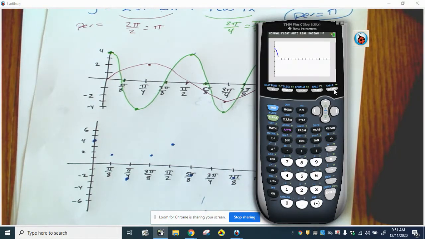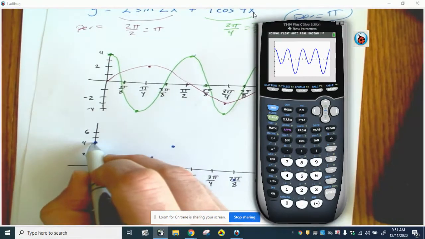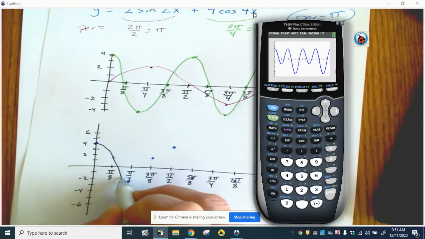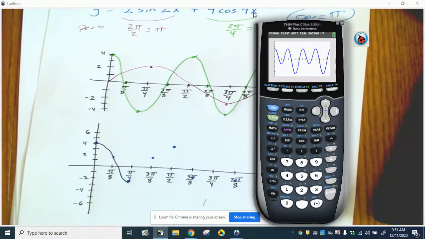All right, now we're going to use this to connect the dots. Okay, we know we're at 4. And find these points, especially like we think there's a dip right here at pi over 4. Is that dip really at pi over 4? Yeah, it looks like it really is. So it looks like we can just kind of connect the dots there from the first one to the second one.